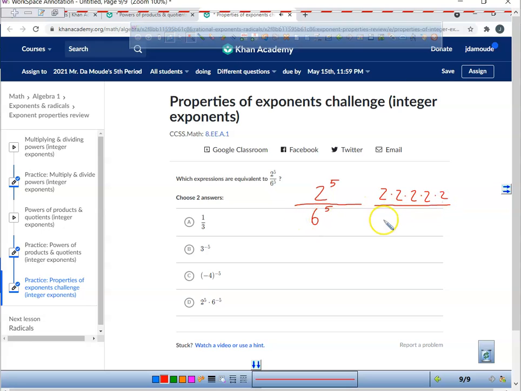And 6 to the power of 5 actually equals 6 times 6 times 6 times 6 times 6. Does anybody know what 2 over 6 will always reduce to? 1/3.